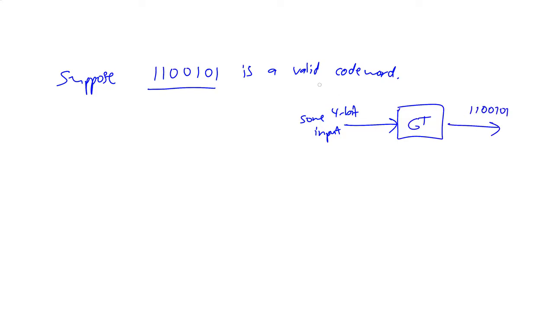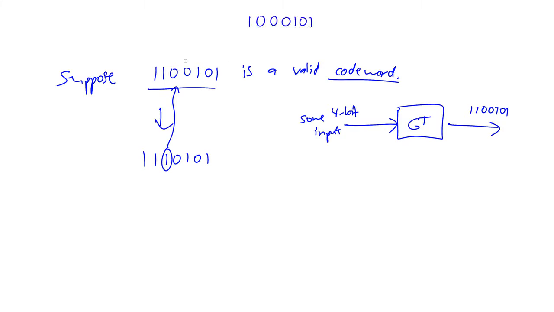That's what it would mean to say this thing is a valid code word. Suppose that's a valid code word. Then I can tell you right now that this is not a valid code word. And the reason I know that is because that is only 1 bit different from this. And no code words are only 1 bit apart.